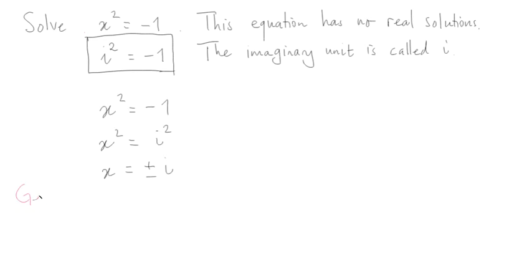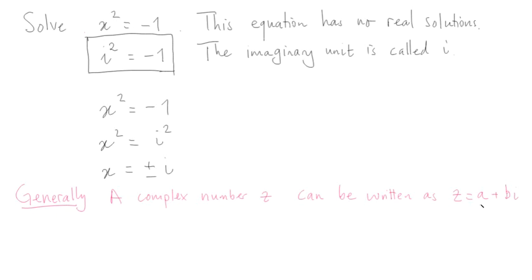And generally, a complex number z can be written as z is equal to a plus b times i.